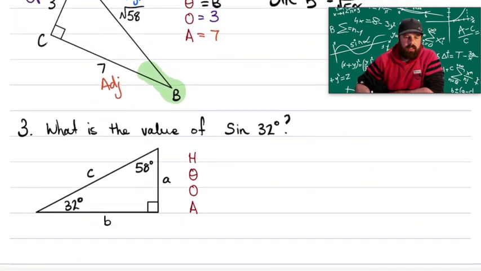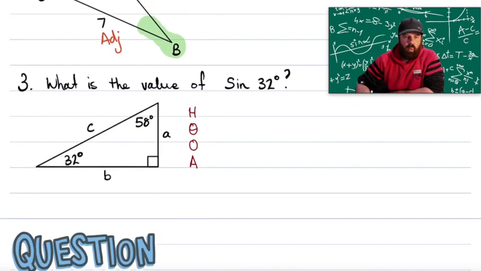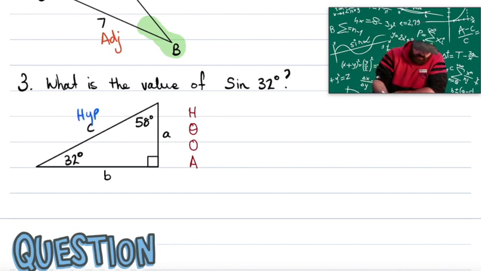Alright, and then finally, example 3 here, what is the value of sine of 32 degrees? So quickly running through that again, there's our hypotenuse, sine of 32, so there's our reference angle.